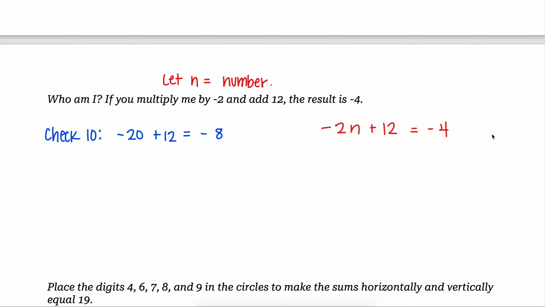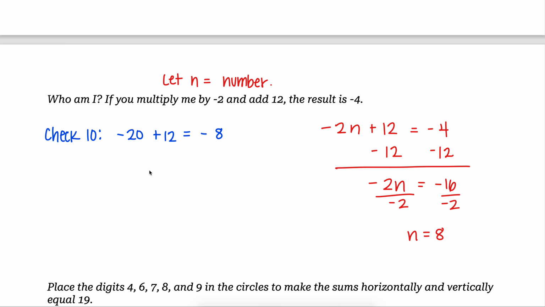It equals -4. So you could just solve this equation. It just takes a couple steps. Subtract 12 from both sides. So you have -2n now equals -16. Divide both sides by -2, and n is equal to 8.